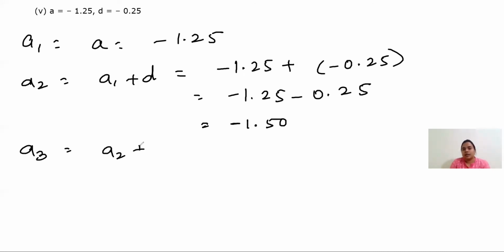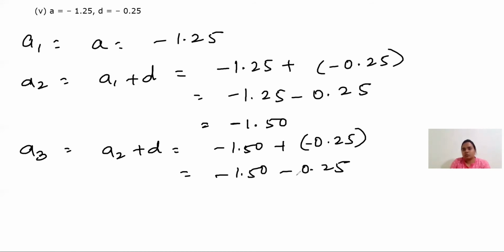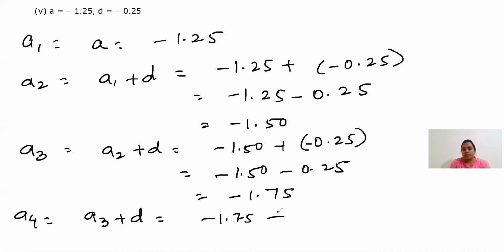A3 is A2 plus D, minus 1.50 plus minus 0.25, minus 1.50 minus 0.25, minus 1.75. A4 is A3 plus D, minus 1.75 plus minus 0.25, minus 1.75 minus 0.25.